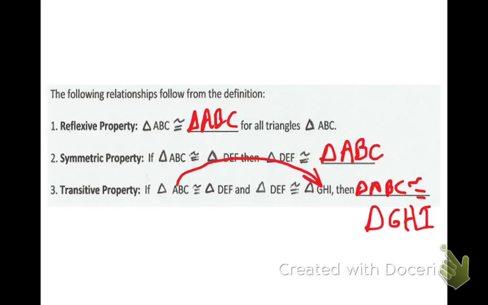Another way to think of it is ABC and GHI are both congruent to the same thing, so they have to be congruent to each other. That's transitive. Transitive is a type of substitution, but it's more defined than substitution. It involves three things. You can do substitution with just two things, or sometimes four things, but transitive always involves three things.